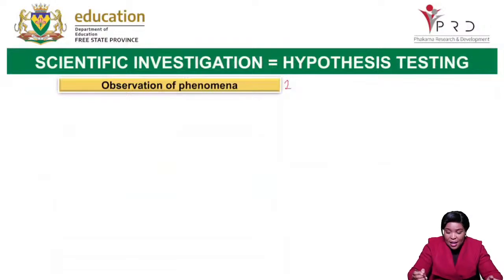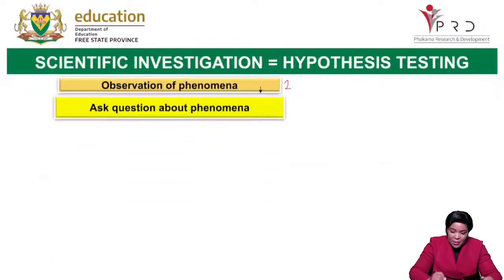It starts there. Then you come to number 2. From observing, you are going to ask your question about this phenomena. What is the question? You are going to ask yourself, why? Why is that happening? Why do people have blue eyes, or people who come from Antarctica have blue eyes? Then you will start your investigation.